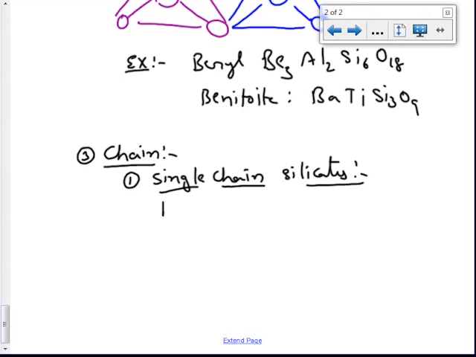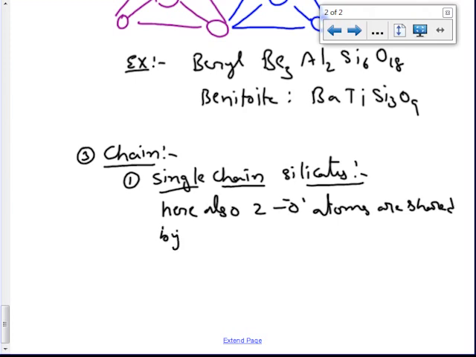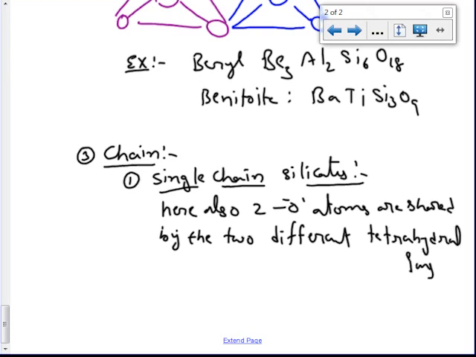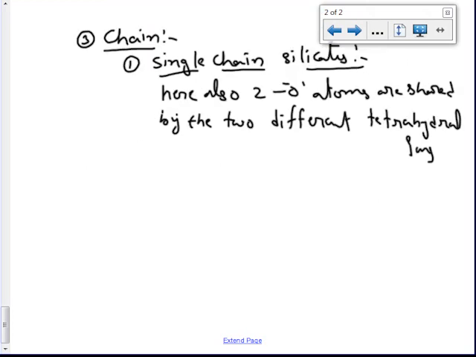Here also two oxygen atoms are shared by the two different tetrahedrons. Two different tetrahedral ions. See, previously I took the three ions and wrote them in the cyclic form.